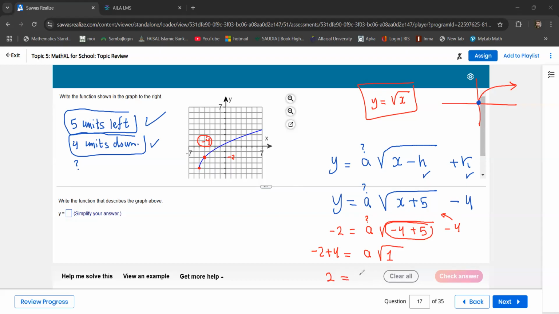A times √1 stays a, so a is 2. This number is 2. So we can write down the final answer as y equals a, which is 2, multiplied by the square root x plus 5, then minus 4.